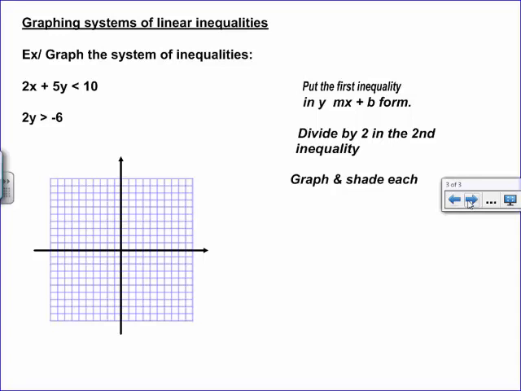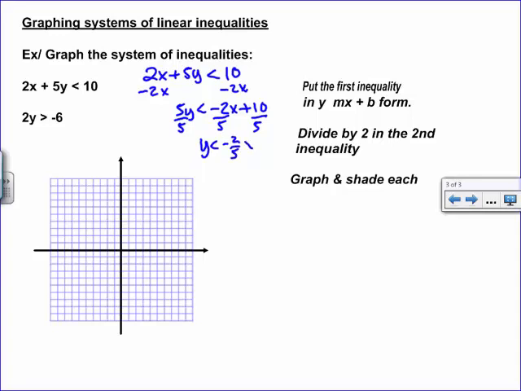As you've seen in the past, it's not always in y = mx + b form, but this won't be too bad. We'll put the first one into our slope-intercept form. And we have y is less than -2/5 x plus 2.